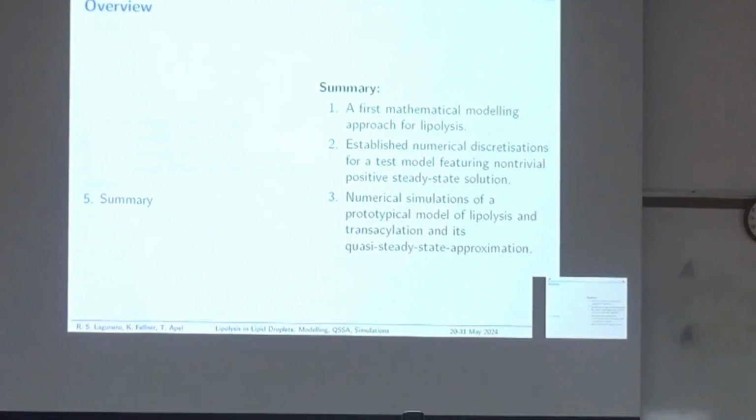It's a finite element computing software, which is, let's say, close to the framework which we have seen earlier. We also use GeoPDEs, which uses isogeometric analysis. It represents exactly circular geometries, because here we have circular geometries. And also some numerical simulations of a prototypical model for lipolysis and at the same time transacylation.